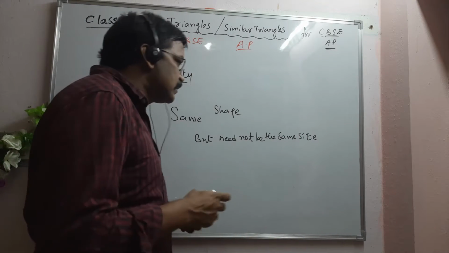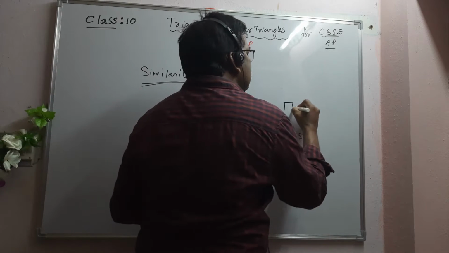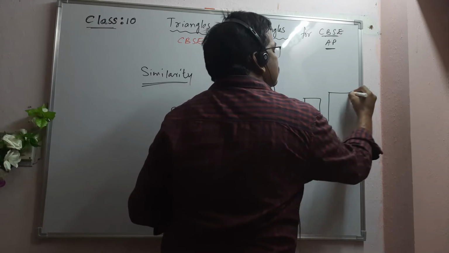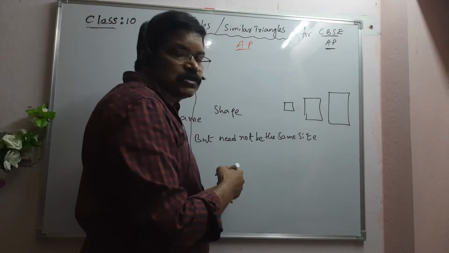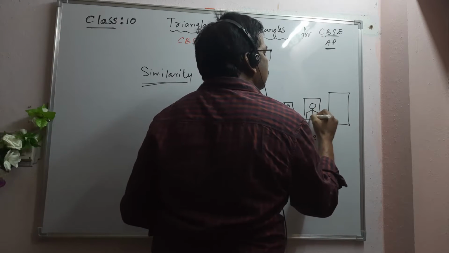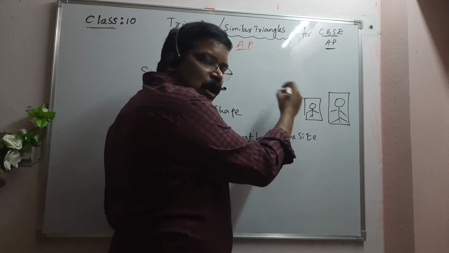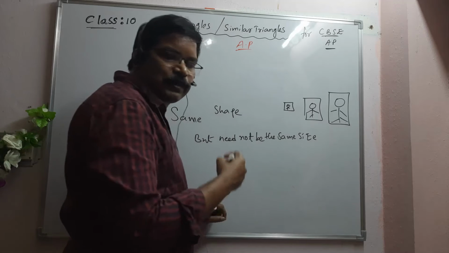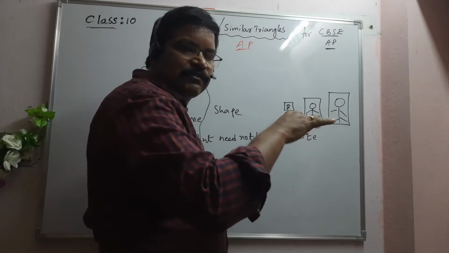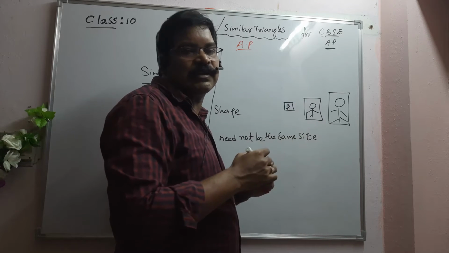Very good. See, sometimes we need passport size photos, card size photos, and maxi size photos also. See here, this is my picture, just imagine. If you observe these three cards of pictures, they are in the same shape, but sizes are different.